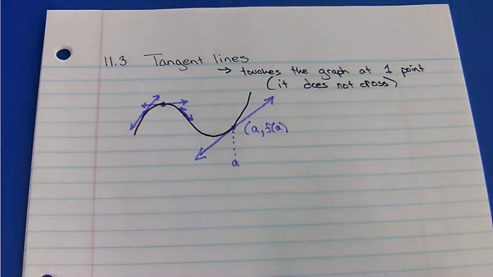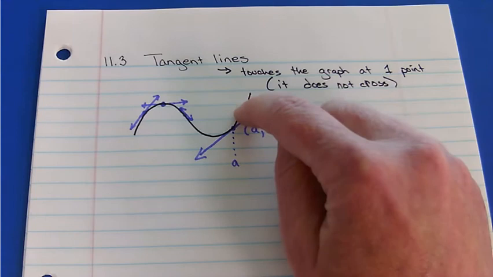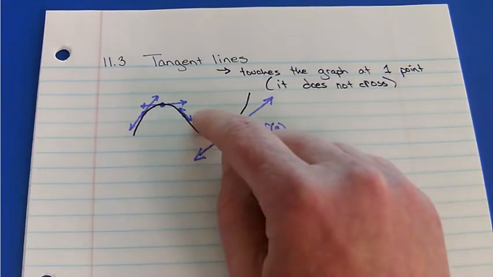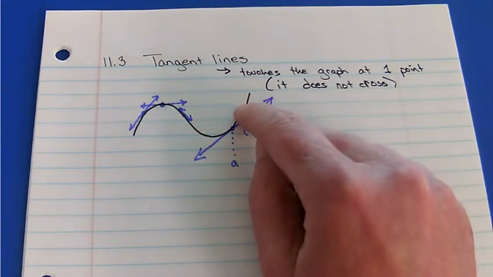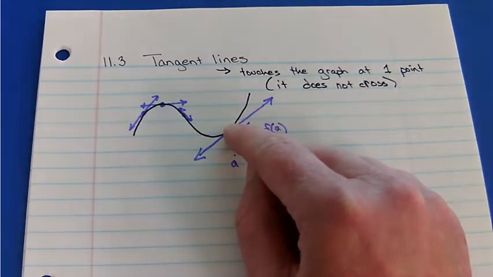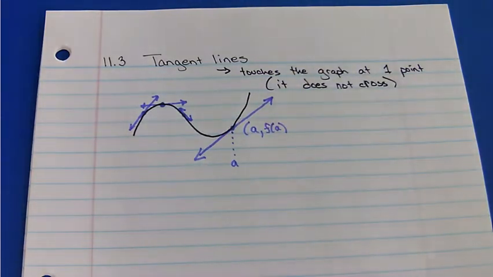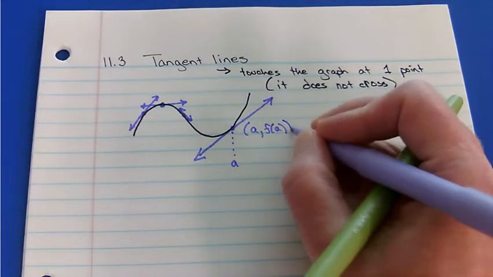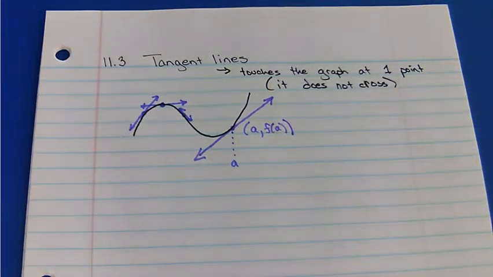Now, what we end up having to do here, really, is I can only find points on this graph. Well, I need to get super, super close to that point A, f of A. I want to get so close, but I need 2 points to find the slope, right?